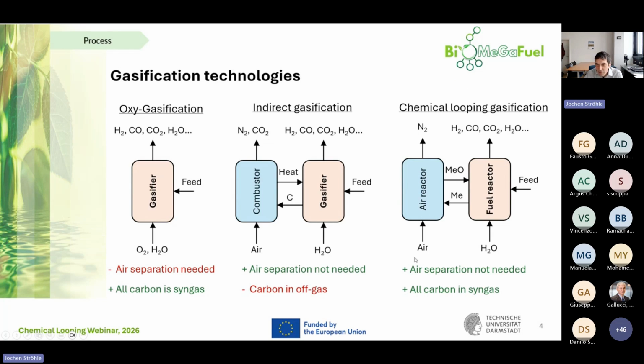So we don't need an air separation unit in this process, and all the carbon finally ends up in the fuel reactor, at least in an ideal case. It could, of course, be that we don't have a full gasification, and then parts of the carbon could also end up in the air reactor. But ideally, we can have all the carbon in the fuel reactor.